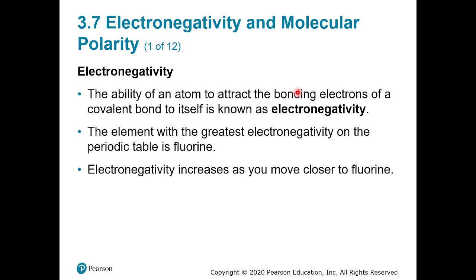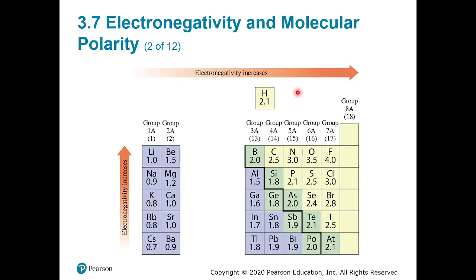All right, you ready for the pun? So the most electronegative element on the periodic table is a 4.0, like a really good GPA, right? If you ace the course, you get 4.0 for your GPA, right?